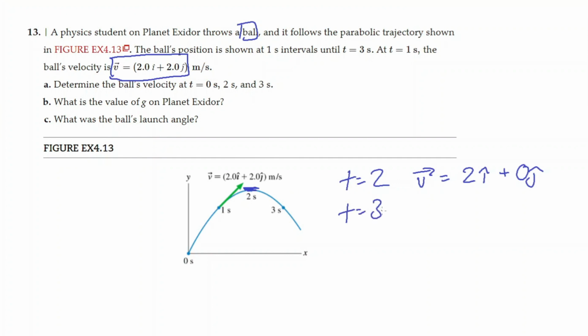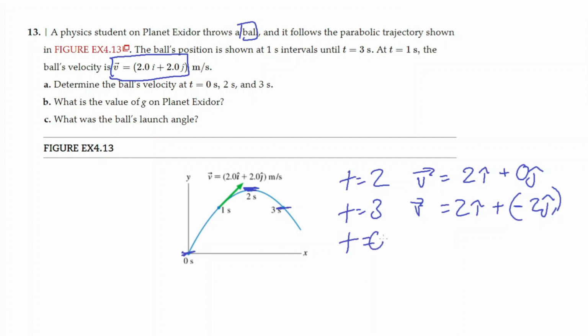So at t equals 3, the velocity vector is going to be again 2 x component plus negative 2 y component. And that is because 1 second has passed, which means that the y component has decreased by 2 meters per second. And then we want to find the velocity at t equals 0 seconds.